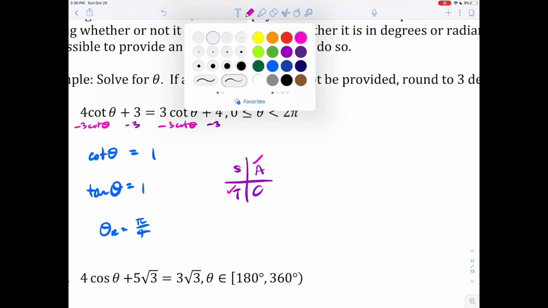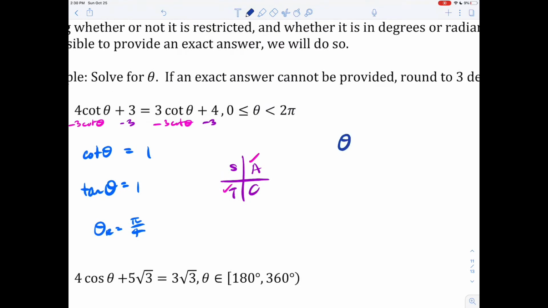In that case, I will say that theta could be, in quadrant 1, just straight up pi over 4. And in quadrant 3, pi plus pi over 4 is 5 pi over 4. And that one's done. Sweet.